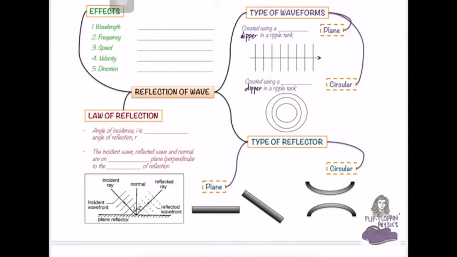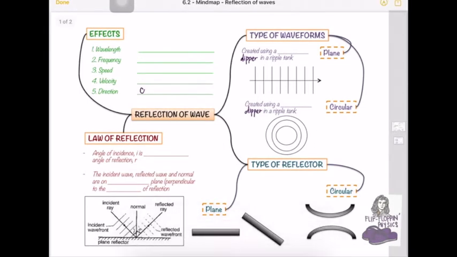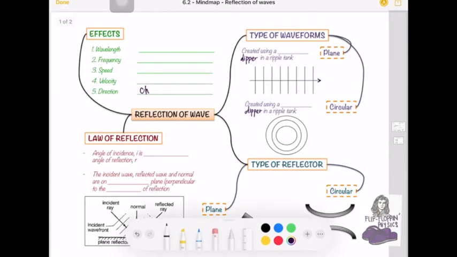When a reflection happens, these are the effects on wavelength, frequency, speed, velocity, and direction. Basically, when reflection happens, nothing changes except the direction. The direction will change, and the rest will not change.